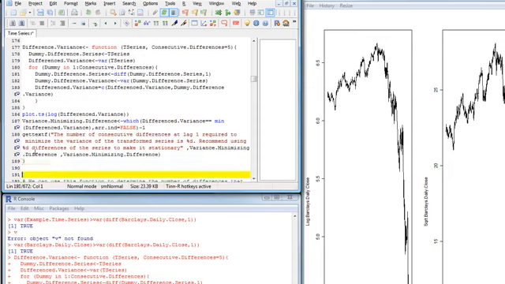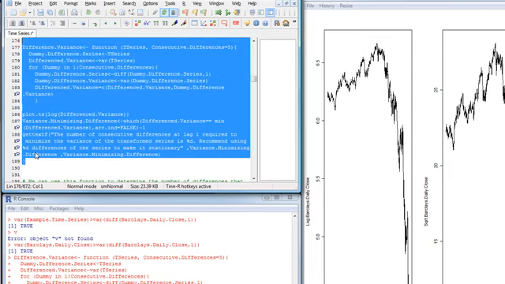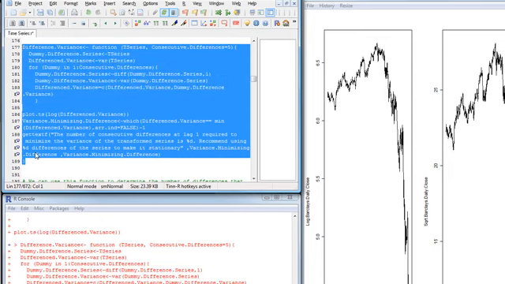Oh no, it's not. Okay, I'll try that again. Okay, so this is the complete function. Here it is defined.